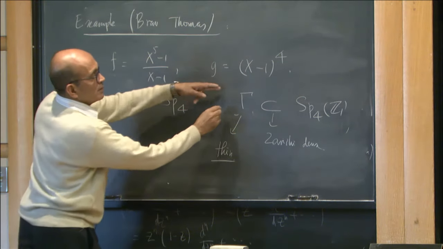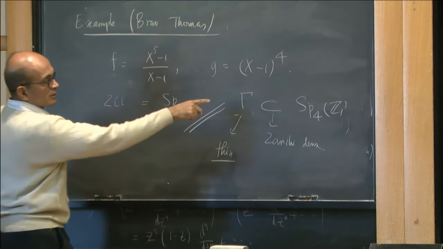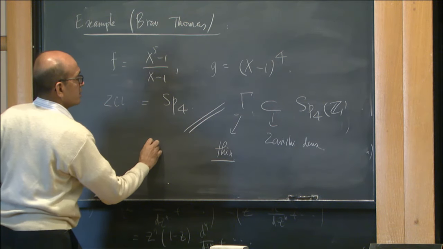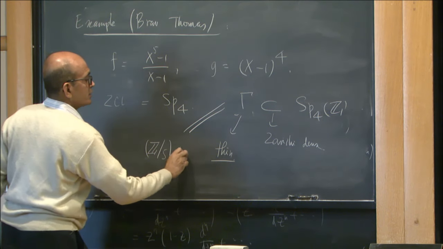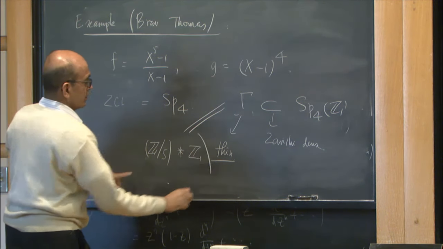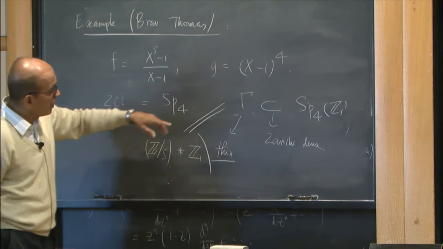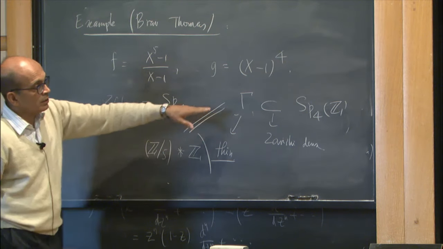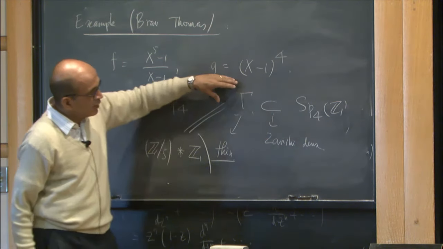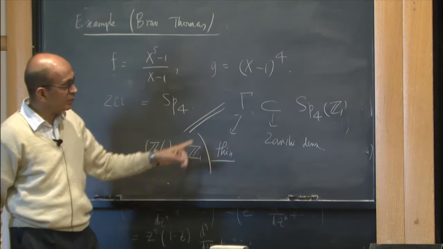What they actually show is that for the group generated by A and B, A has order 5 and B has infinite order. It's a unipotent element, and the group is a free product of Z5 with Z. If it were to have finite index, then the abelianization of this would be infinite.